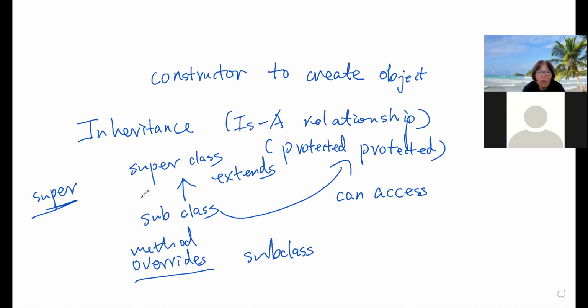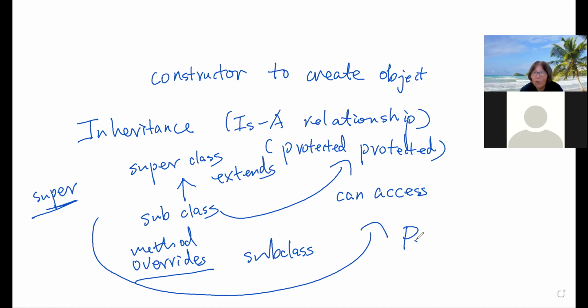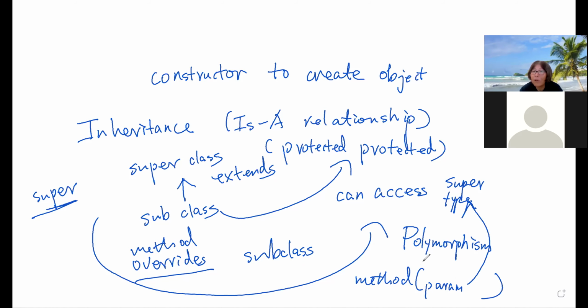And with inheritance, it also involves polymorphism. For polymorphism, generally speaking, you can have some method whose parameter type can be some supertype.